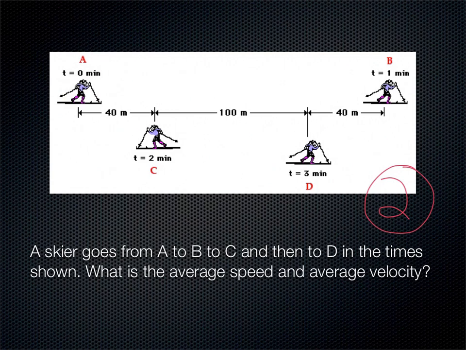So here's a time, and 1 minute means that's how long it took to go from A to B. And then after 2 minutes total, she was at C, and then after 3 minutes total, she was at D. So the question is, as she does this trip, what's the average speed and what's the average velocity? So these are elapsed total times to get to each of these locations from the start. So calculate average speed and average velocity, and then tomorrow when you come into class, show me what you got.